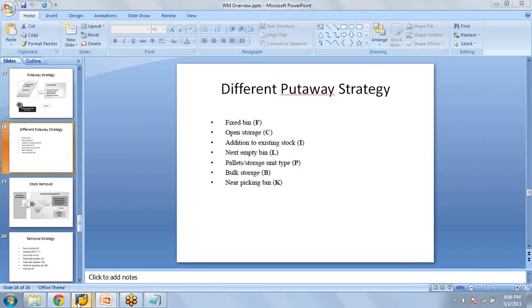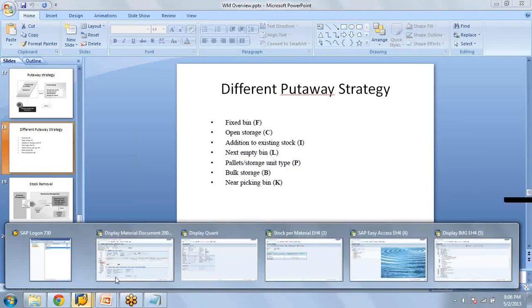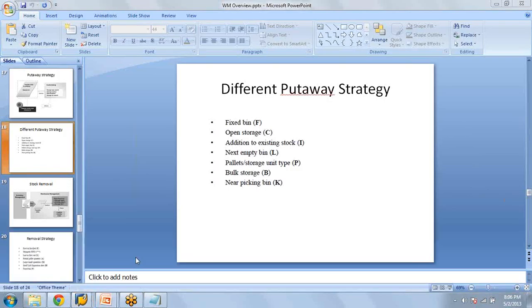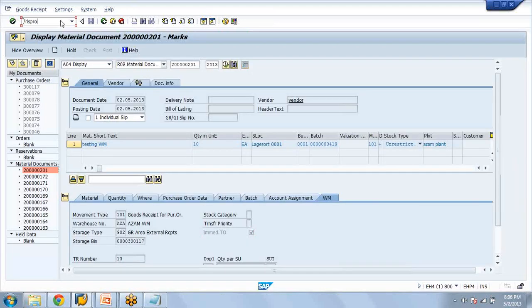I believe I have maintained next empty bin. Let me see once what strategy I have maintained for my storage type.